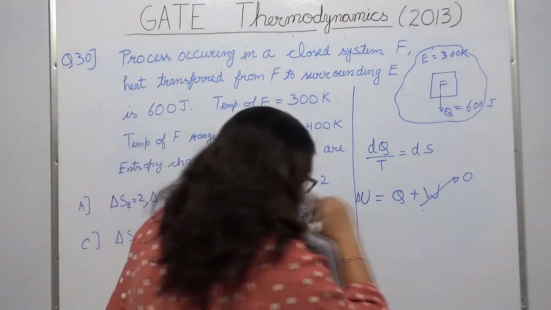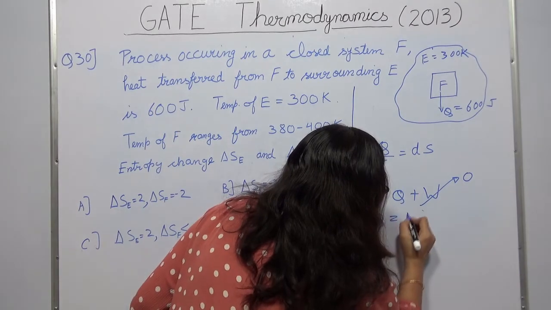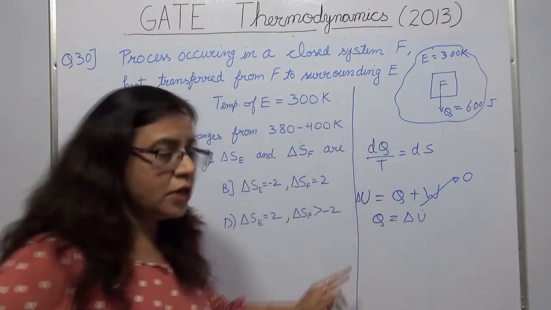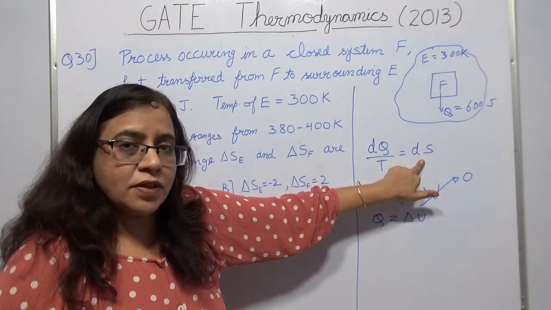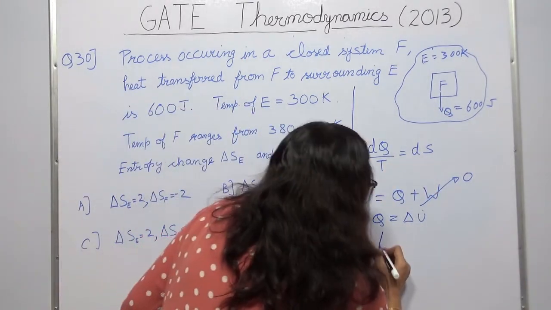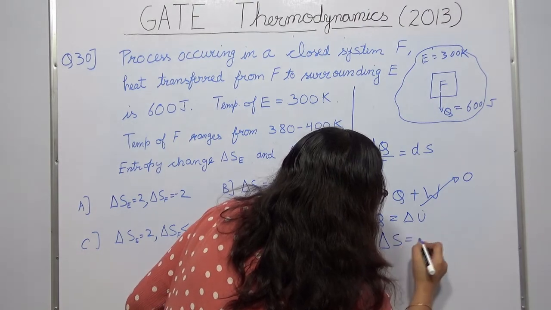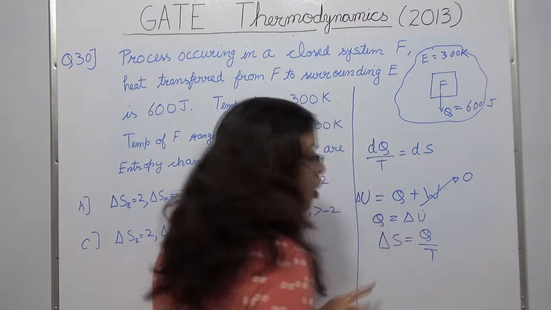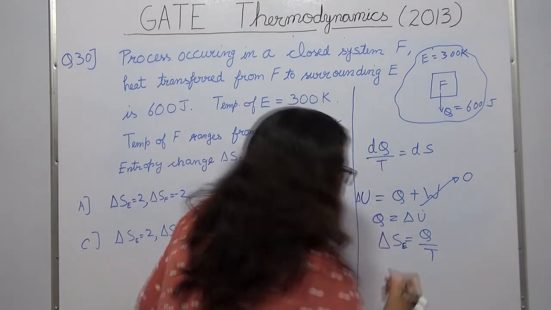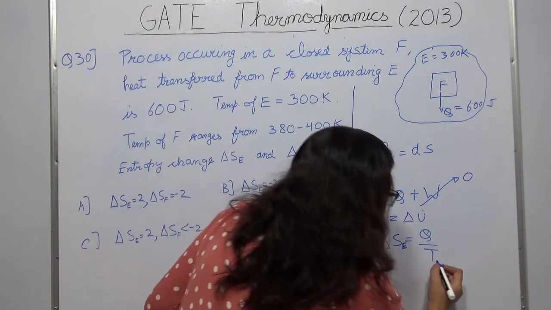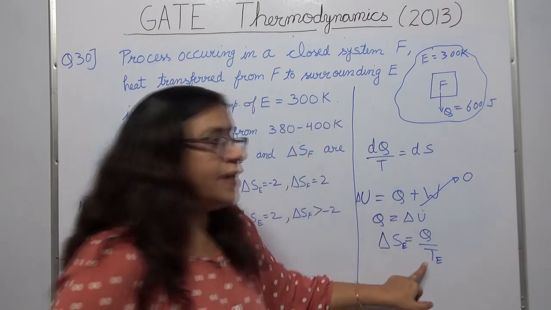Okay, so in this case your Q is equal to delta U. So if I want to estimate the change in entropy, I can write this equation, delta S is equal to Q by T for the reservoir, that is for the environment E. I can write it as Q upon TE.